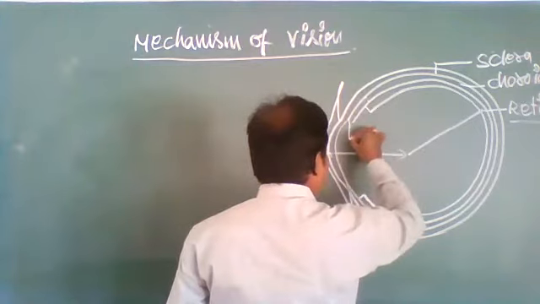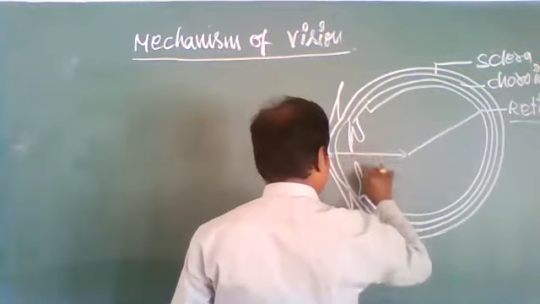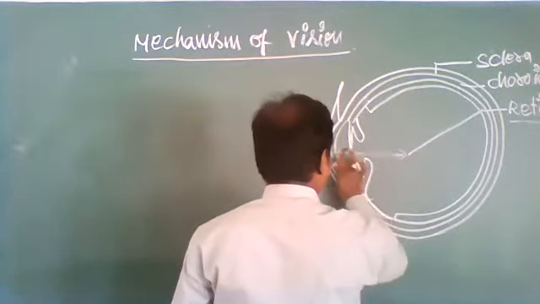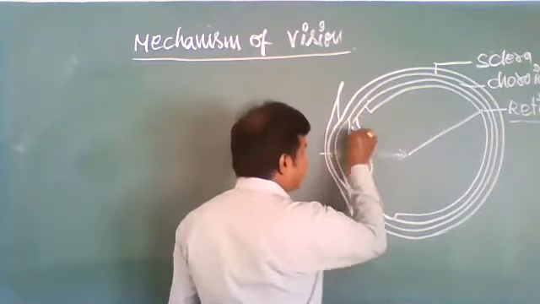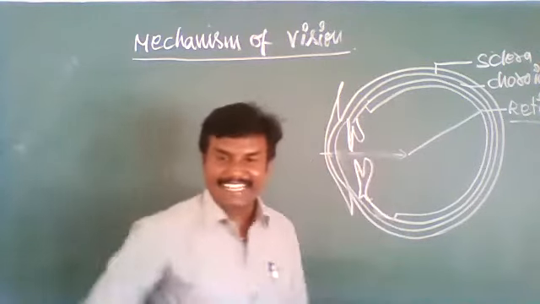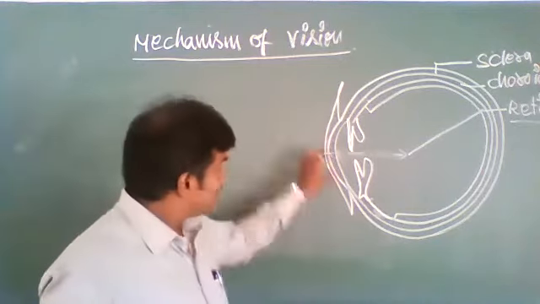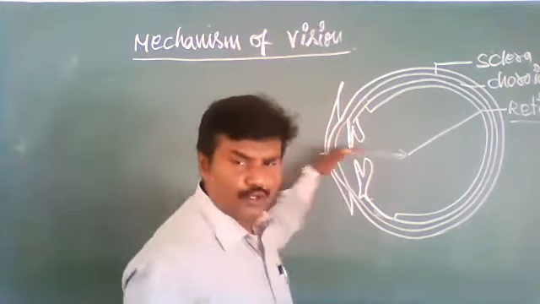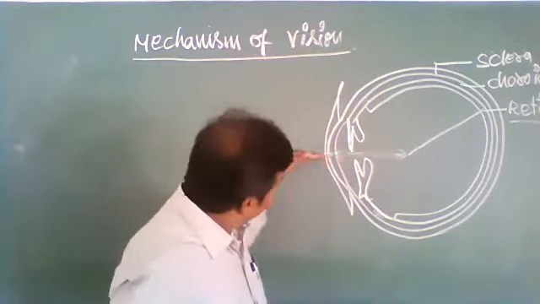See, this region is called the iris. The iris controls the amount of light passing through the pupil.